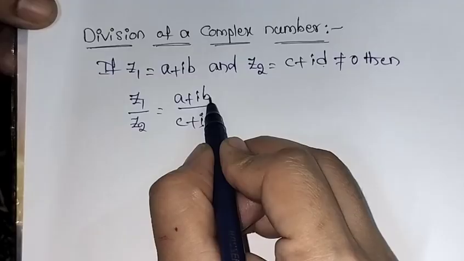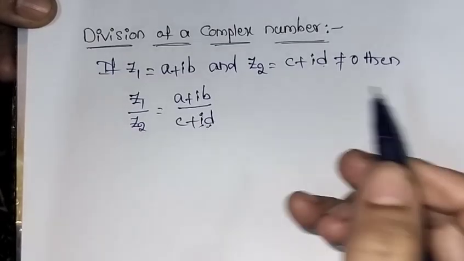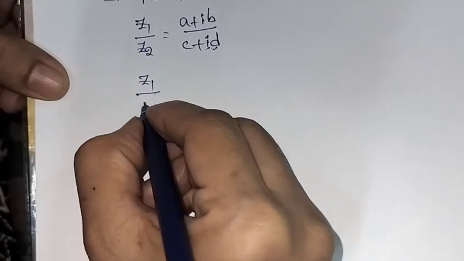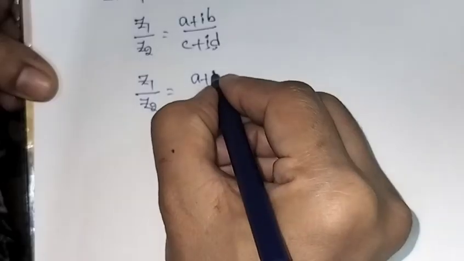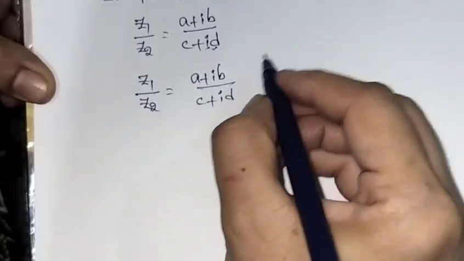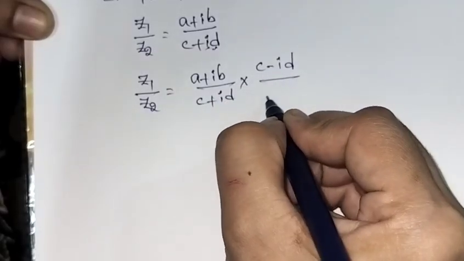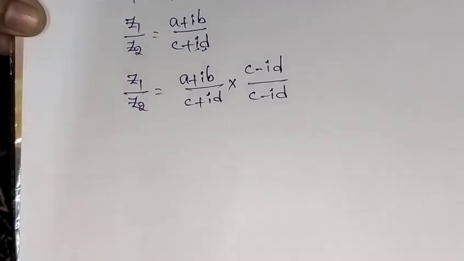Multiply the numerator and denominator by the conjugate of the denominator: z1/z2 = ((a + ib)/(c + id)) × ((c - id)/(c - id)). This is the rationalizing factor.